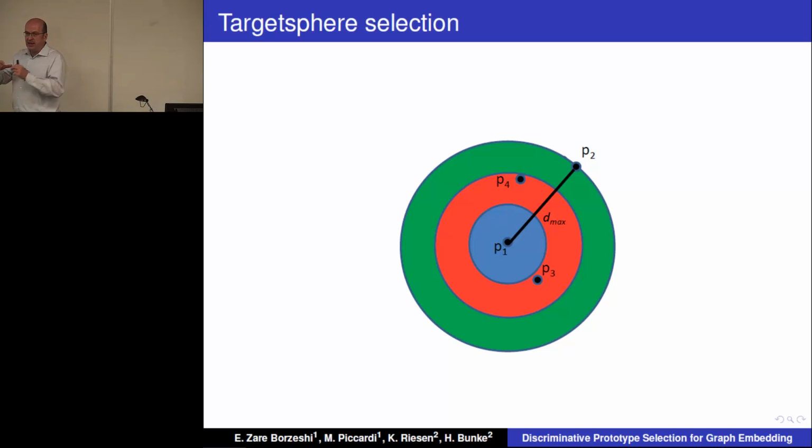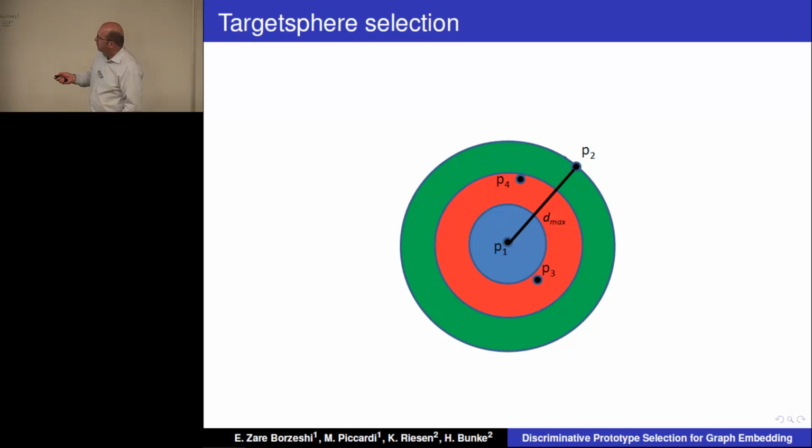So the idea is like in a target sphere, concentric circles, to divide the distance between the center and the boundary prototypes in regular intervals that define intermediate radii. So for P3, the next real prototype, you will look for a prototype that is as close as possible to this distance from P1, and this would be perhaps P3.